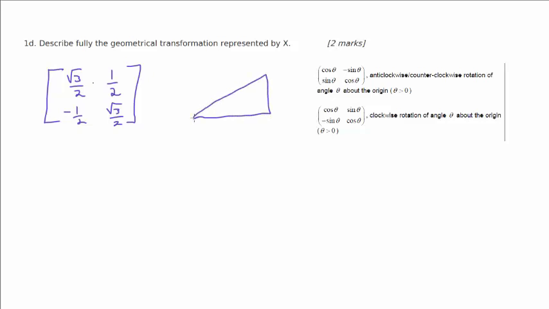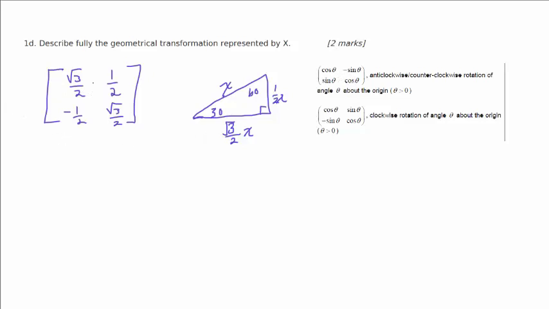If you have a 30, 60, 90 degree triangle, then the side opposite the 30 degrees will be half of X, X being the hypotenuse, and the longer side opposite the 60 degrees is the square root of 3/2 X. So that's how I recognize this as dealing with cosine and sine.